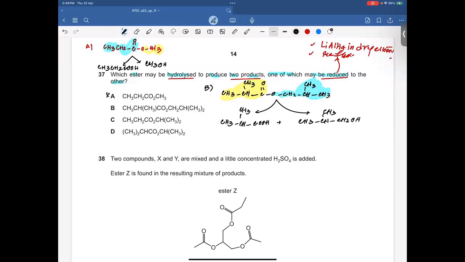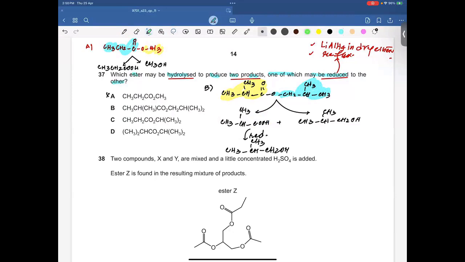Now we have a carboxylic acid. So if I reduce it in the presence of lithium aluminum hydride in dry ether under reflux, it will turn to, under reduction, CH3, CH, CH3, and then CH2OH. Now look at these 2 structures.